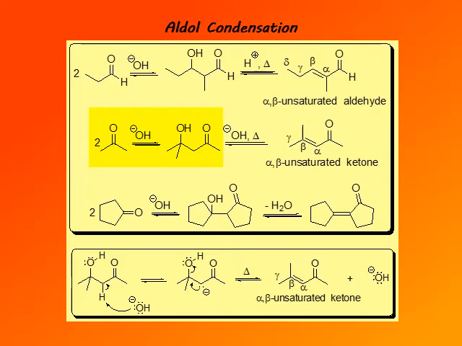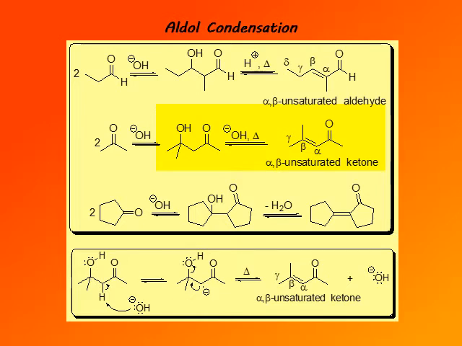So if we carry out only the aldol reaction with ketones, that's an unfavorable reaction. But if we carry out the reaction with heating, then elimination of water occurs, and that's a favorable reaction, and the alpha-beta unsaturated ketone is the final product. So while the aldol reaction with ketones was not favorable, aldol condensation is favorable and proceeds readily.